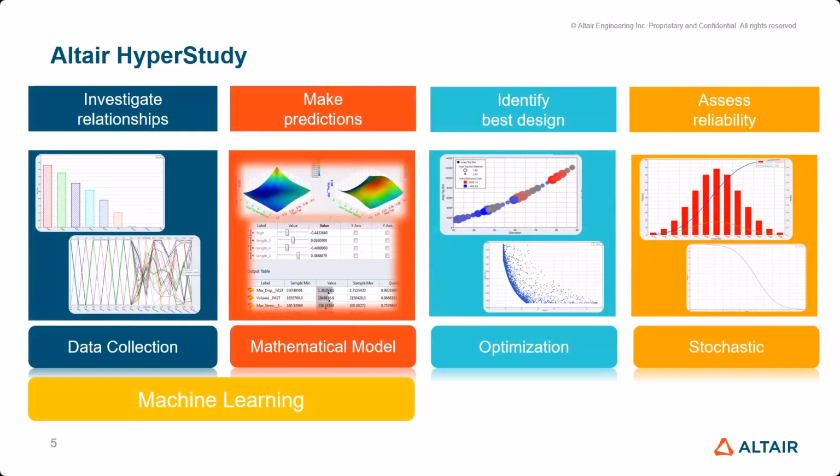So what it can do is you can actually understand how each variable or each parameter that you have in your antenna design is interrelated to each other. That can be investigated. You can make predictions on your model by creating a mathematical model in HyperStudy, and you can also identify best design by running different types of optimization studies, and also assess reliability in terms of stochastic analysis.